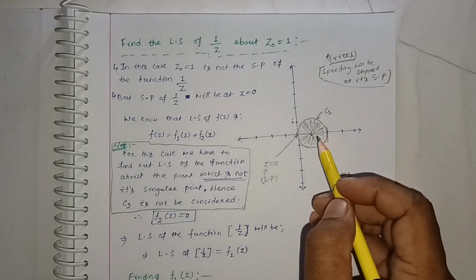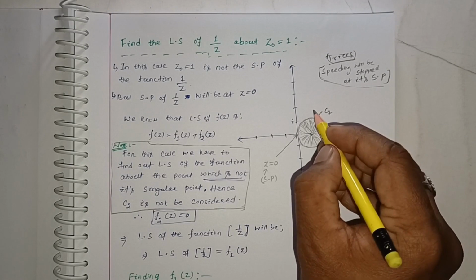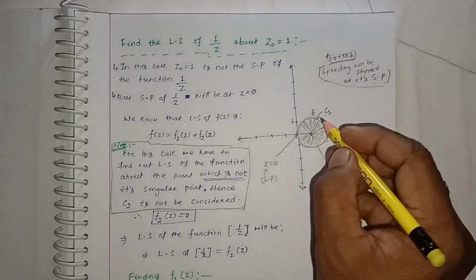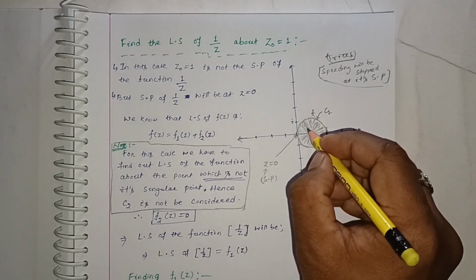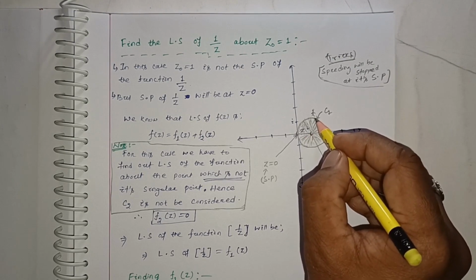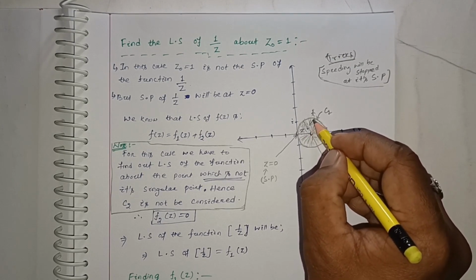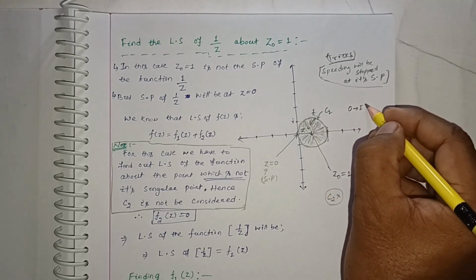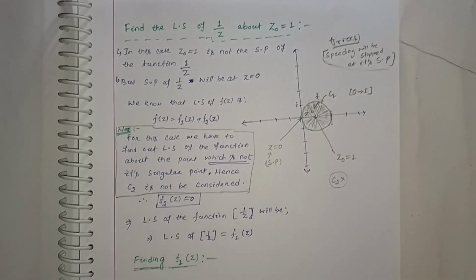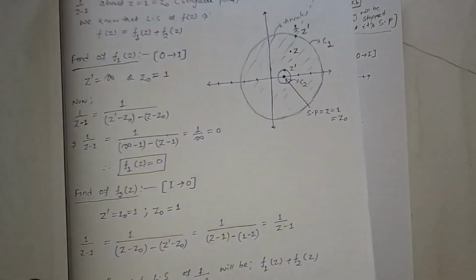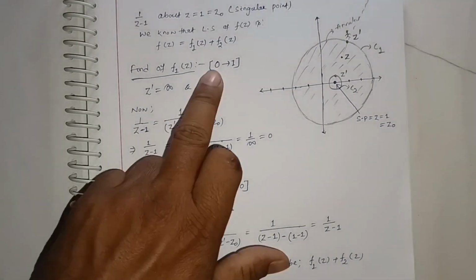So here C2 is not there, so you have to stand on C1 and move inside this region to any point. This one is any arbitrary point z, so you have to move from the circumference of C1 to this point. That means the work is out to in work, right? So for finding f1(z), the work is out to in. Systematically we have to write out to in.